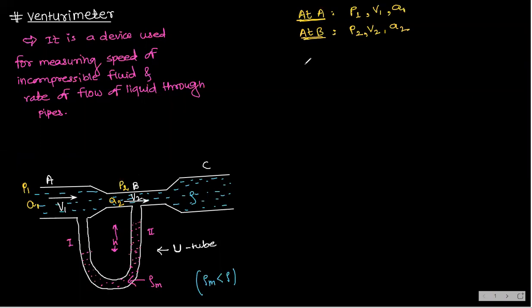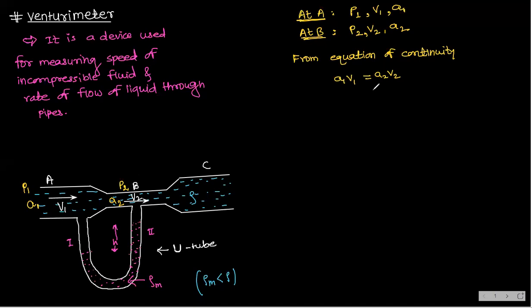Now from equation of continuity, what is the equation of continuity? We know. What is that? A1 V1 is equal to A2 V2. Clear?